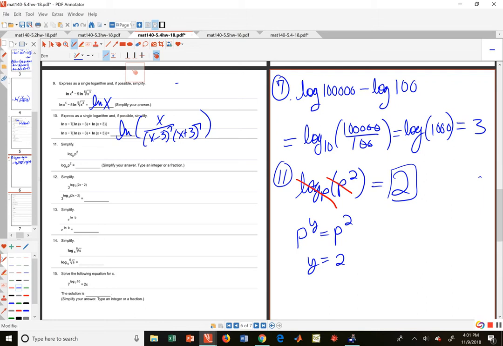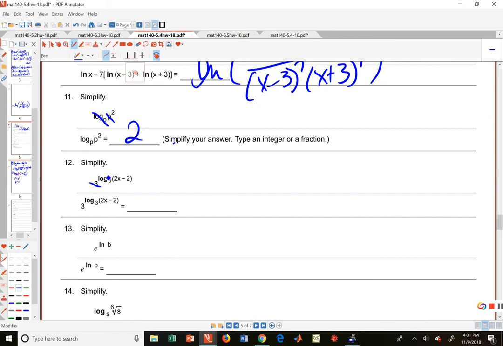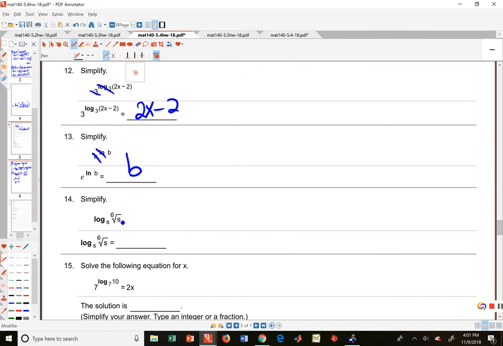12. So we can do these a little more quickly. Let me make it a little bit bigger, and so those cancel each other. You just get 2. These cancel each other. You just get 2x minus 2. These cancel each other. You just get b. You've got to be careful there.